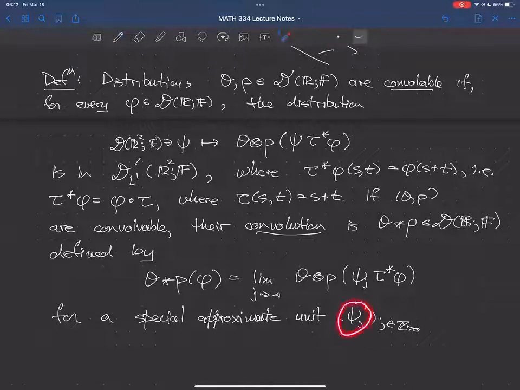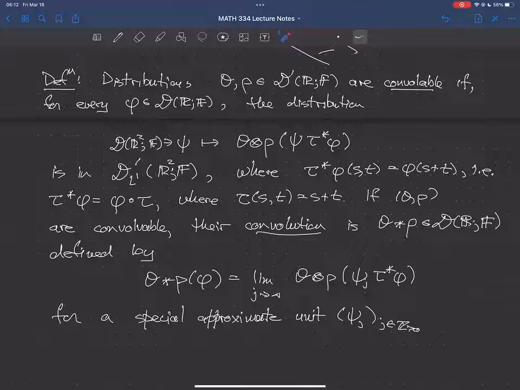This is a sequence of compactly supported infinitely differentiable functions with the property that on any compact subset of R2, because they're functions of two variables, there's a sufficiently large value of the index so that all of the test functions beyond that have the value exactly 1 on that compact set.